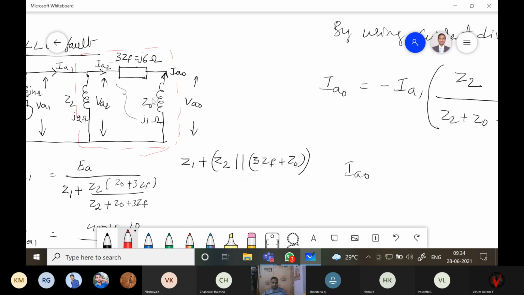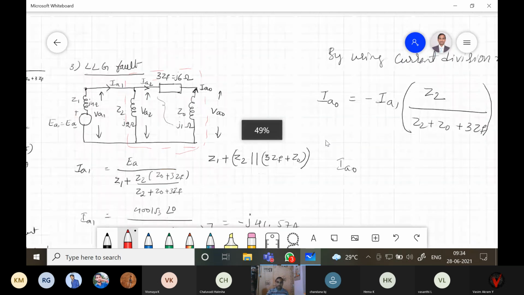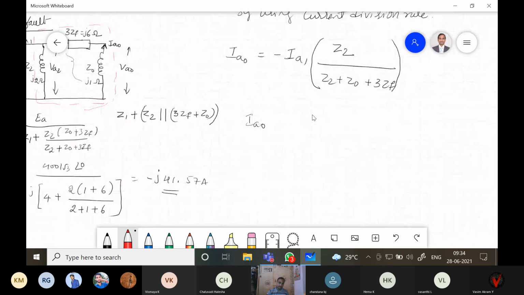Is it clear? So substitute those values and calculate it. You know the value of IA1. So IA naught is equal to, what is IA1? J41.57. The Z2 value is 2, divided by 2 plus 1 plus 6.